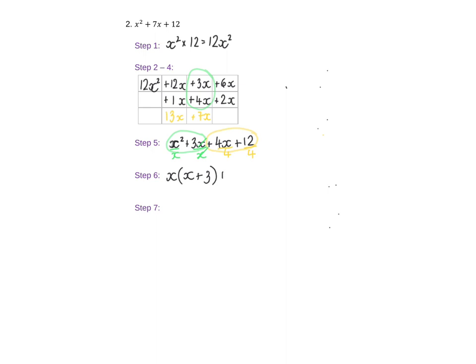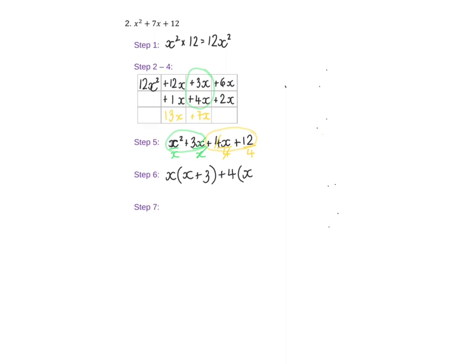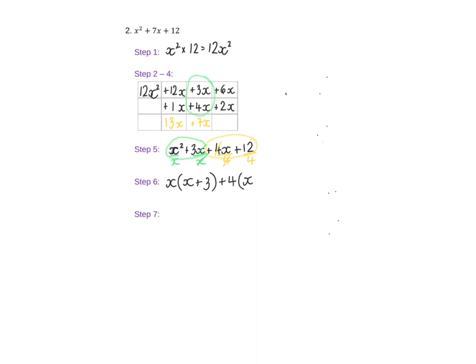Then that's my common factor. Now what remains? If I divide the first term in the group, 4x divided by 4, it just leaves me with 1x. And for the last term in that second group, 12 divided by 4 is 3.